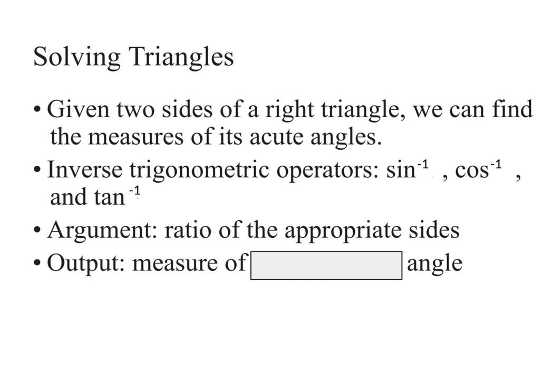You have the ratio of the appropriate sides, and you are getting the angle versus putting the angle in and getting the ratio. That's what it means by inverse. Inverse is what you use when you are solving for the angle measure. You use the original functions when you are solving for the ratio.